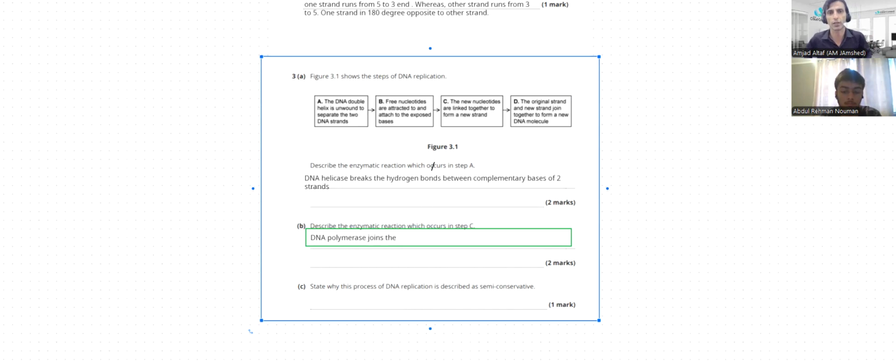This is what you need to add. I was confused between phosphodiester or hydrogen. No, that's the phosphodiester linkage because nucleotides are there. As you can see here, that's where you can get the idea: the new nucleotides are linked together. New nucleotides are always linked together by a phosphodiester linkage.